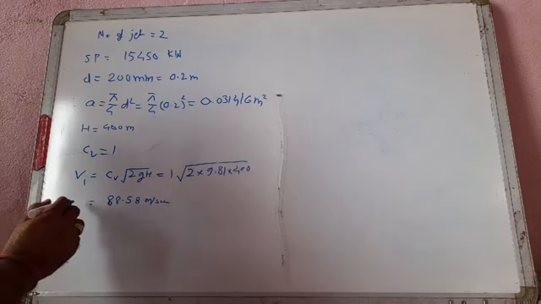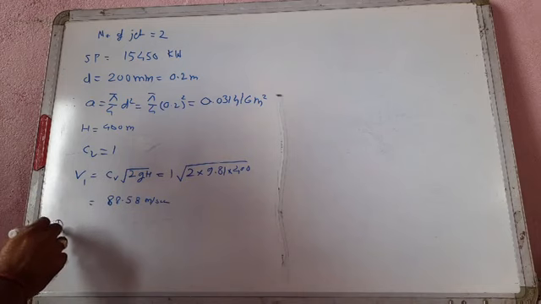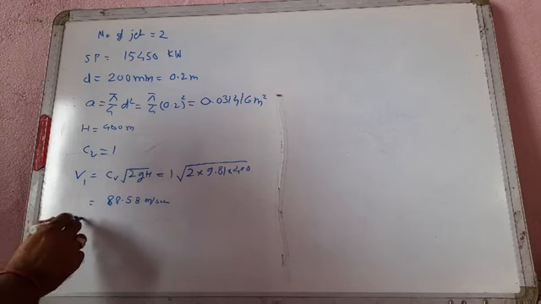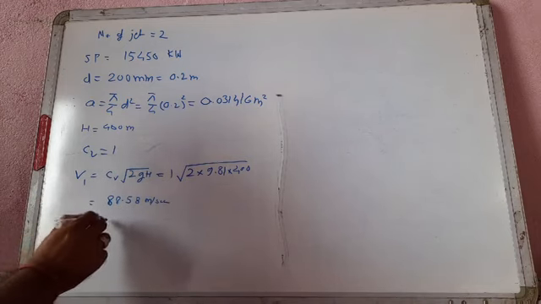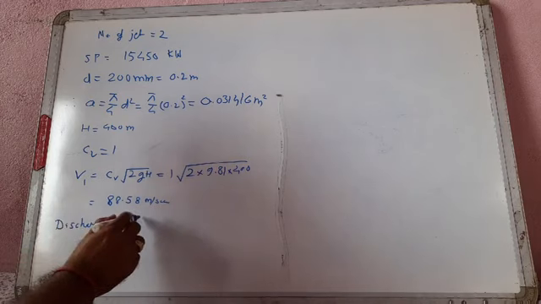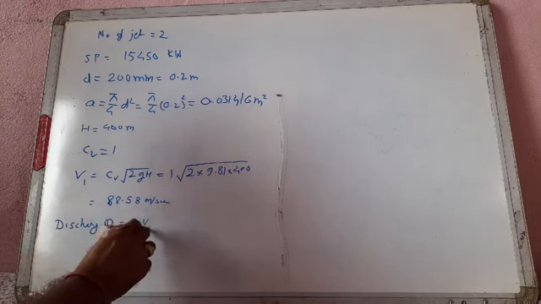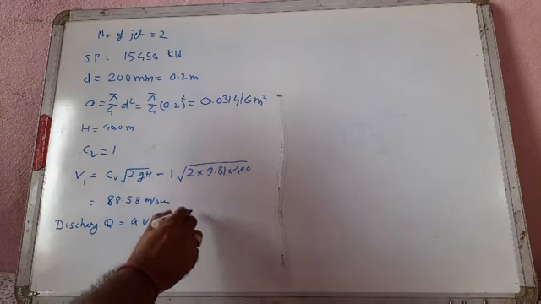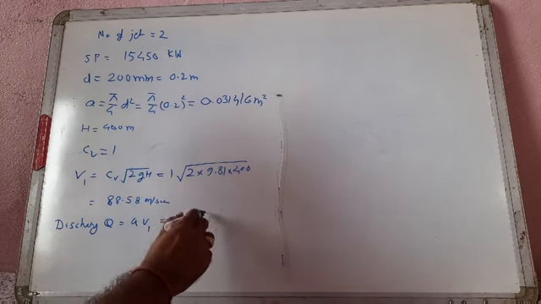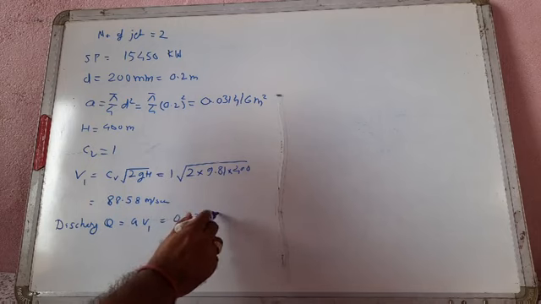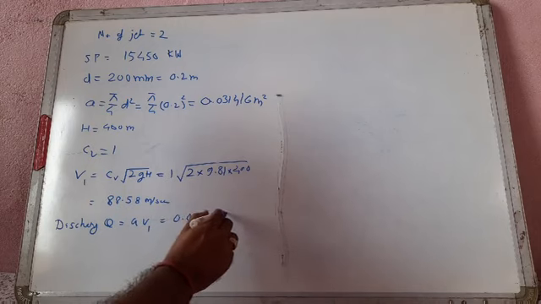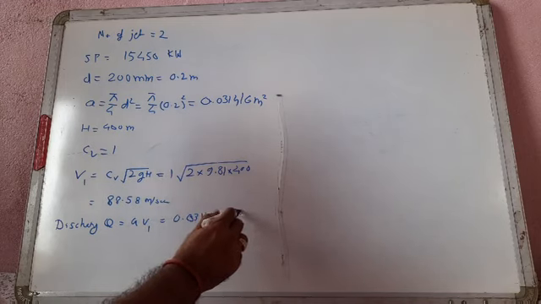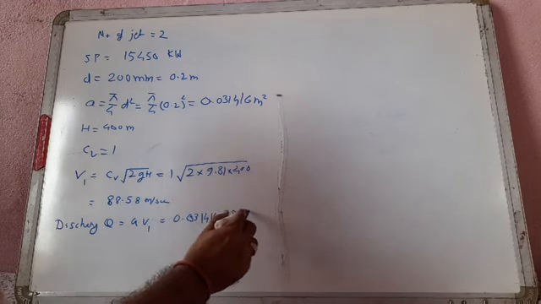Discharge of each jet, discharge Q equal to A V1 equal to 0.031416 into velocity 88.58.